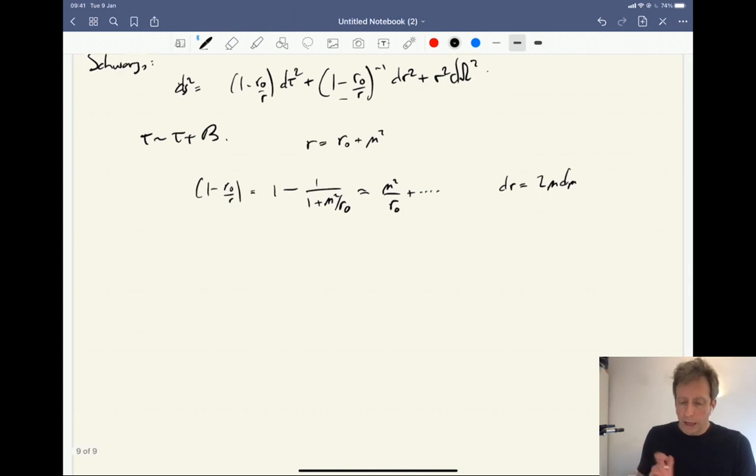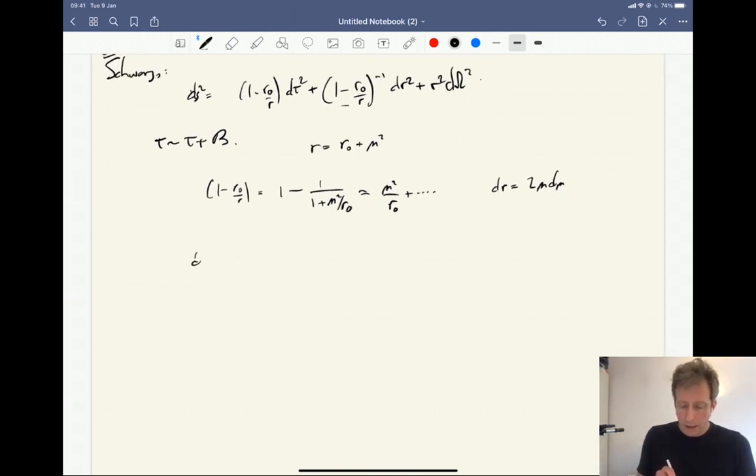And so using all of that, the metric becomes, near mu is 0, I get this for the d tau squared term. Note the mu squareds here cancel. I get this term here, so that cancels that.